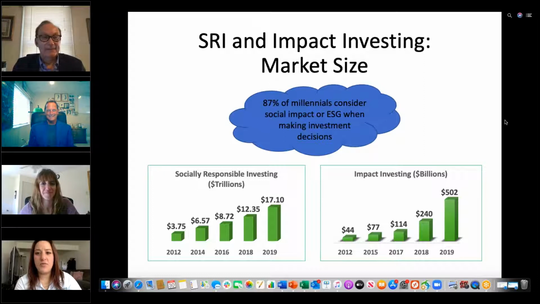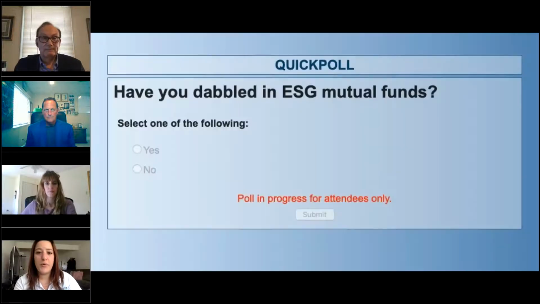And that brings us to our first poll. We're going to be doing some polling during today's presentation. So our first question is, have you dabbled in ESG mutual funds? Yes or no?